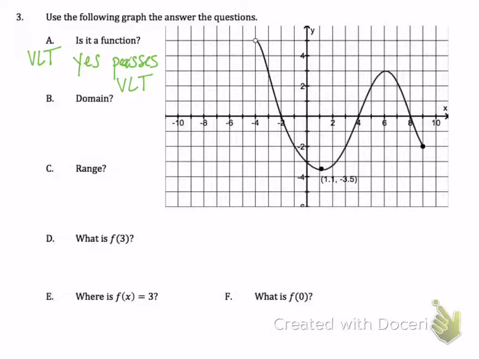The inverse might be a function, but we're not going to do inverses in this unit. What would the domain of this be? Kind of going back to what we did last lesson, remember? With a bracket on them. Yeah, let's just do interval notation. So the domain would be parenthesis -4, 9, bracket, and then the range.